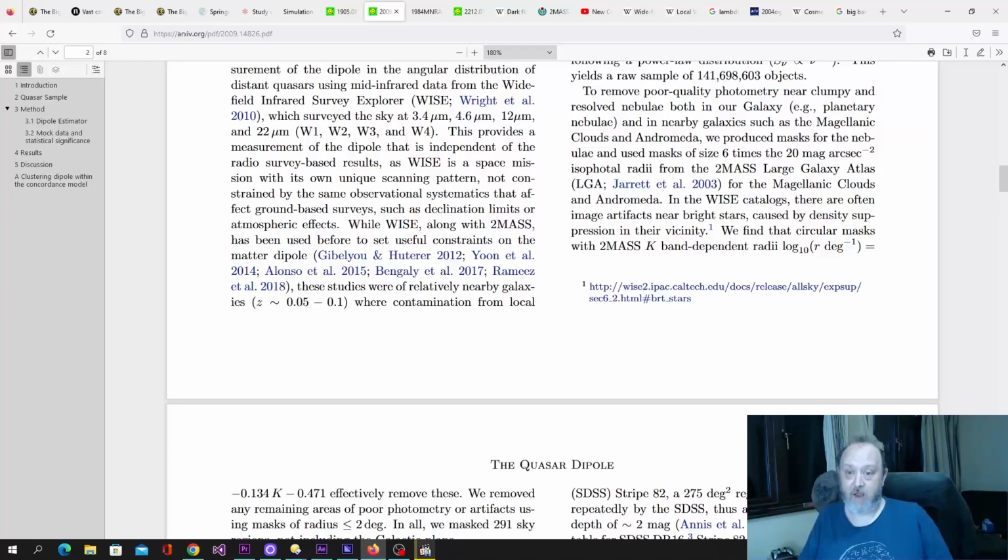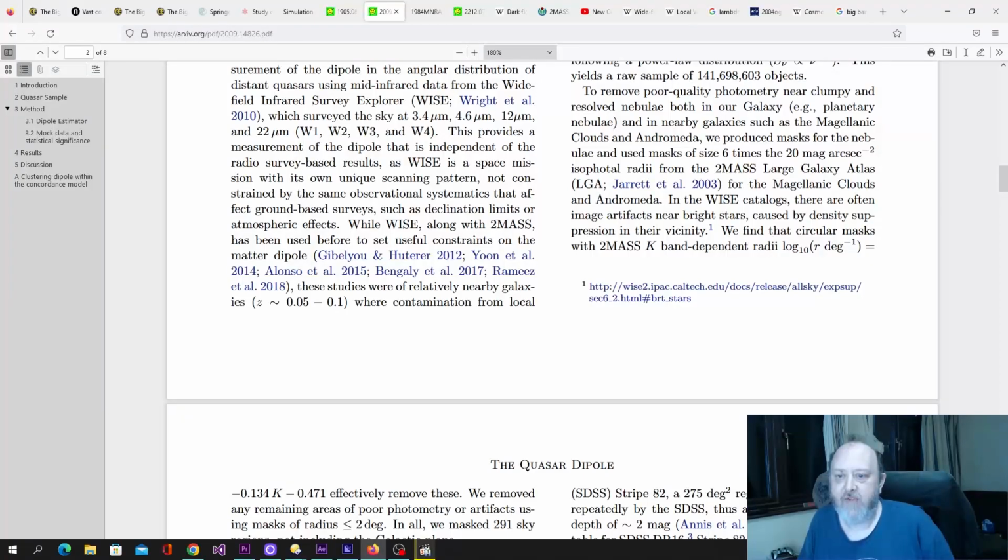Isophotal radii from the 2MASS Large Galaxy Atlas for the Magellanic Clouds and Andromeda. So effectively masking out anything already known about which could affect the results, like planetary nebulae or the Andromeda galaxy, taking into account all the nearby objects by placing a mask over them.